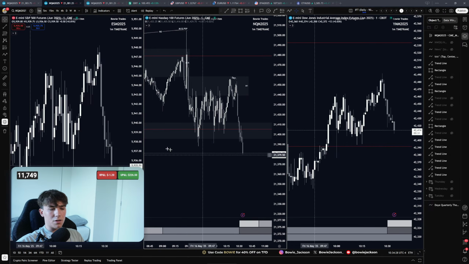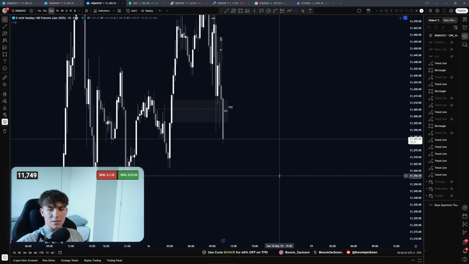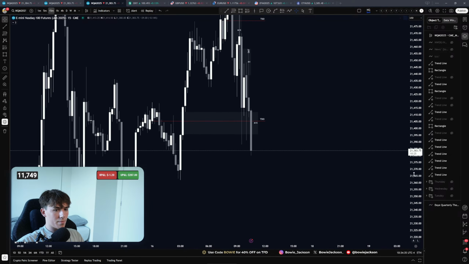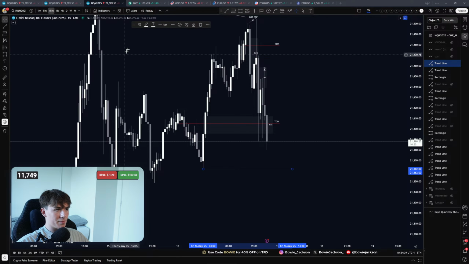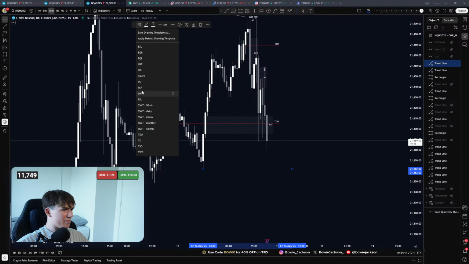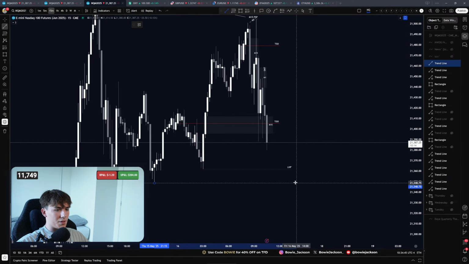Now my TP is almost going to get hit right here on this 5 minutes. This is low-hanging fruit for me. And then this can be potentially a second TP.